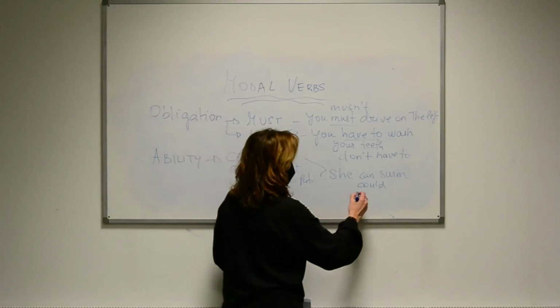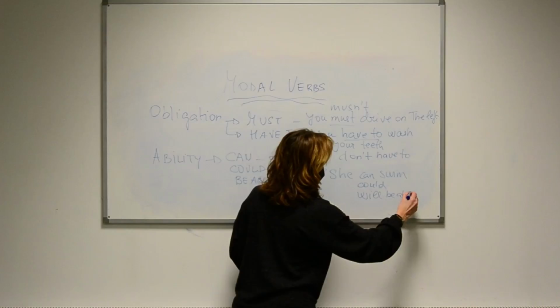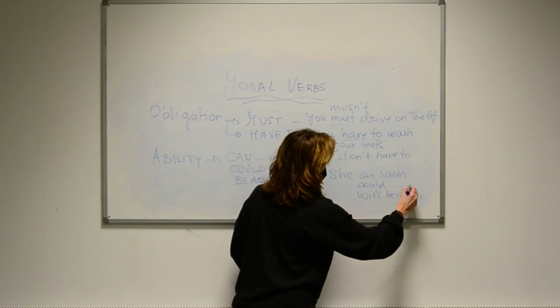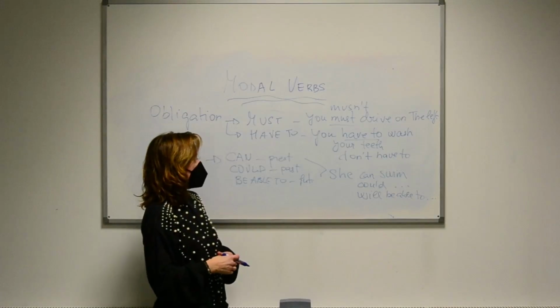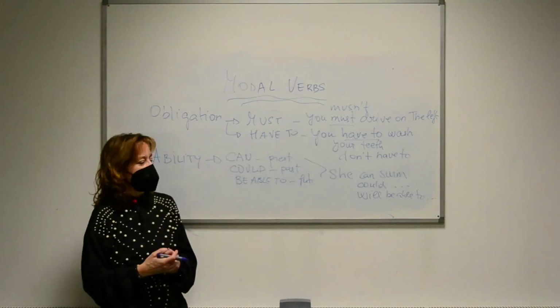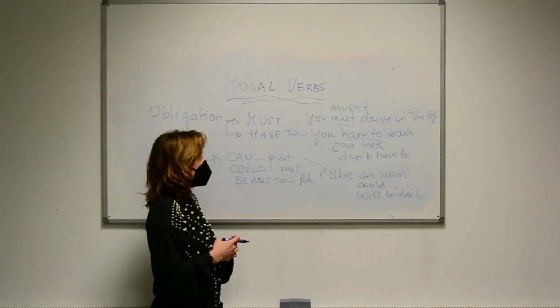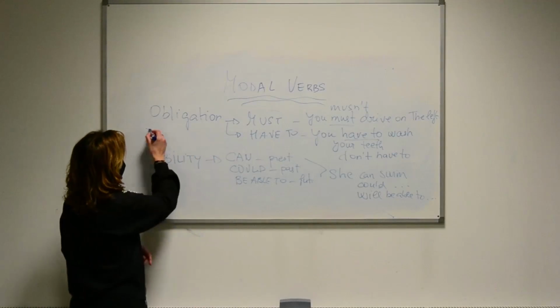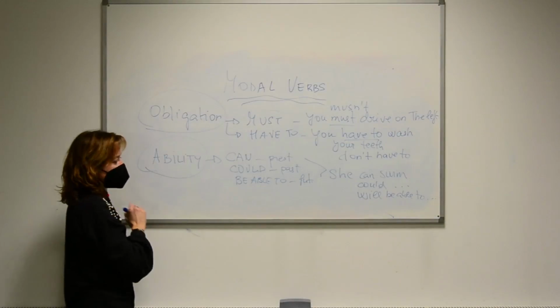And if we say she will be able to, it means that we refer to the future. It's like Spanish, sabía nadar, sabe nadar, sabrá nadar, okay? It refers to ability. Therefore, here we are going to focus on obligation and ability, okay?